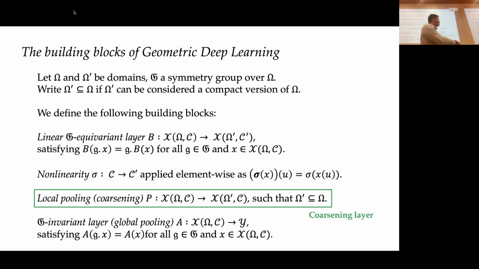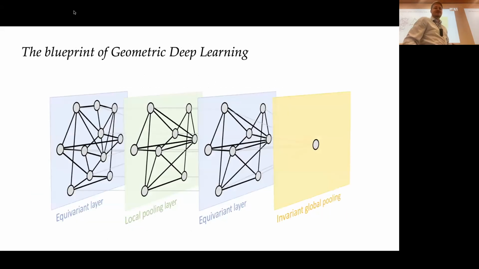And sometimes you might want to do local pooling, although in graphs, we don't do that. Usually it hasn't been shown to be that effective yet. And together, all of these operations, stacking equivariant layers, maybe an invariant layer at the end, putting some nonlinearity in between, local pooling, it's actually enough to rediscover all of the architectures that we have so far in deep learning.